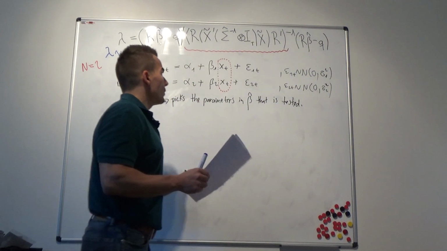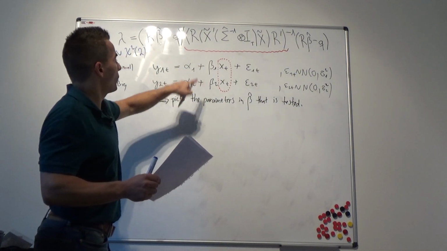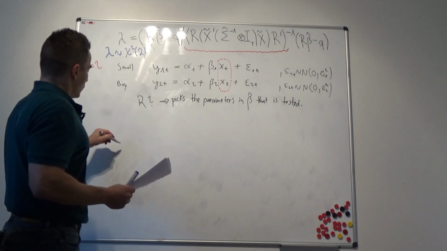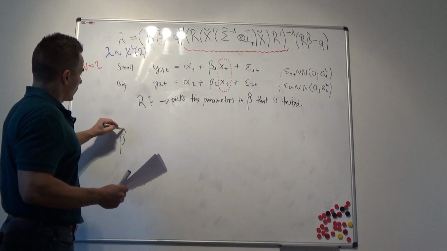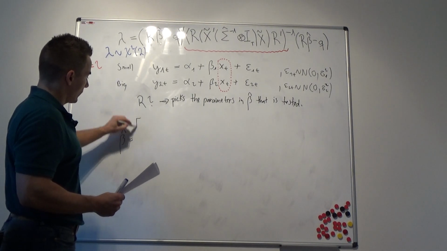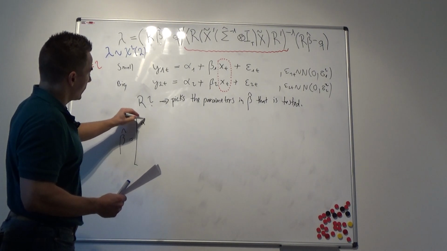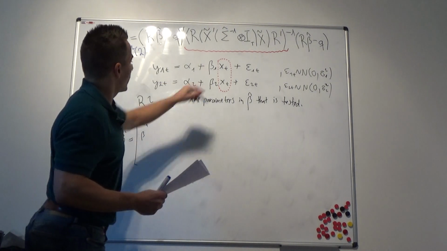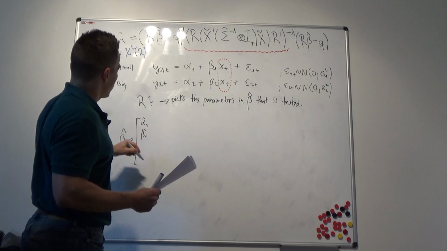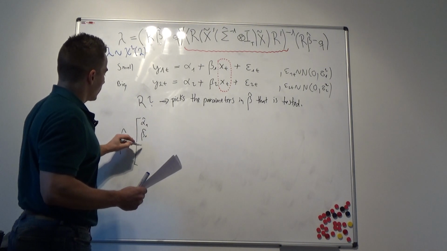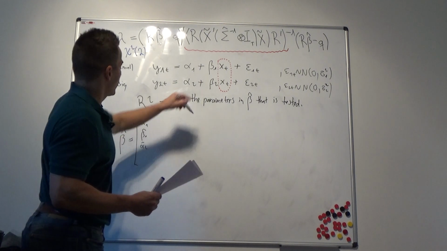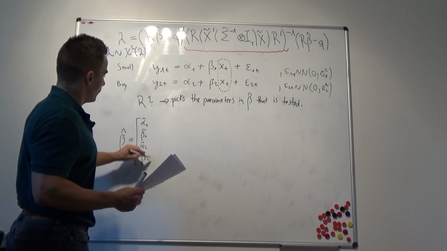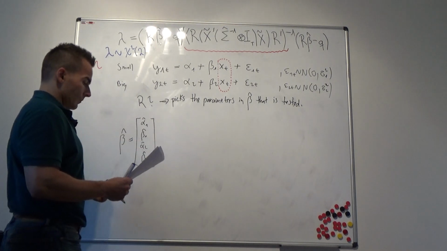And we know we want to test the alpha 1 and the alpha 2, right? So our beta hat, again, it's defined, it has the alpha 1 as first element, this beta 1 as second element, and then we have the alpha 2 as third element, and the fourth element is this beta 2. Yeah?